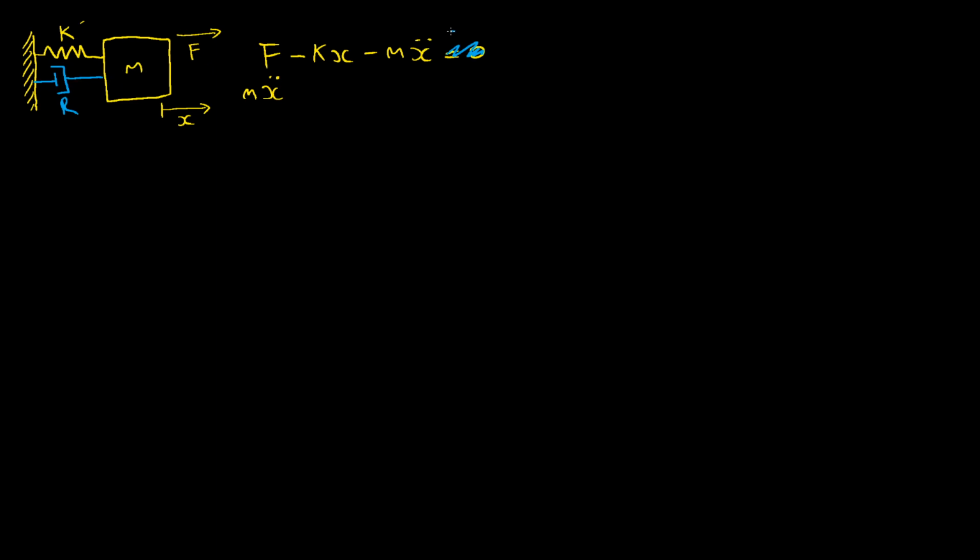So we're also going to have an Rx dot term that we didn't have before. So we can rewrite our equation of motion once more. So we've got plus Rx dot plus Kx is equal to F. And so that's our equation 1. And so we have our time domain equation of motion like we got last time.